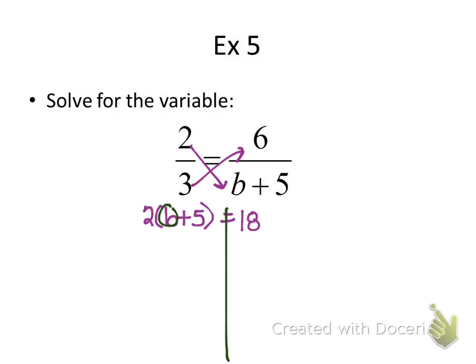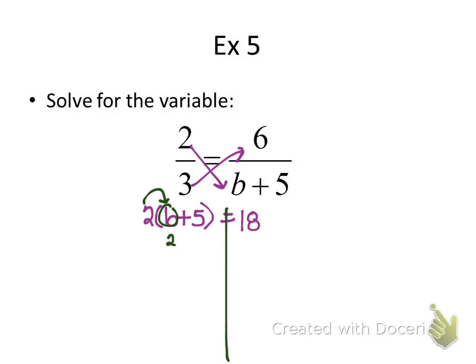Okay, Sanisha, can you explain, or tell me what to do? 2B plus 5. Distribute. I'm going to take the number on the outside of the parentheses and multiply it by everything on the inside of the parentheses. So I'm going to take 2 times B and get 2B.